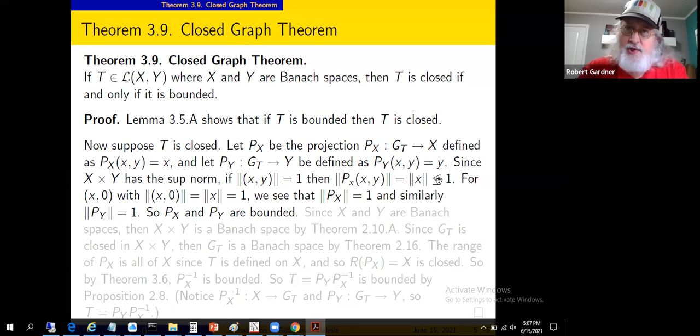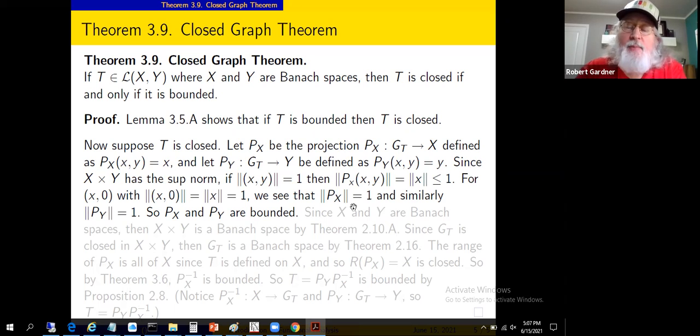Let's show we can attain that maximum of 1, that supremum of 1. Consider the vector X comma 0. If X is a unit vector in Banach space capital X, then X comma 0 is a unit vector, and if we apply the projection to that vector, there's an example where we get 1 out.